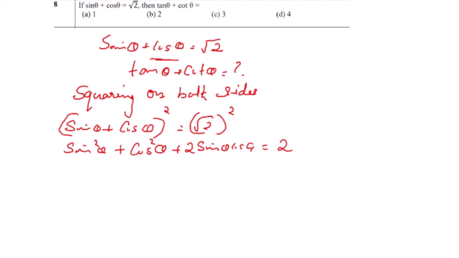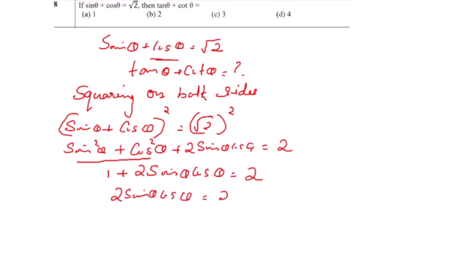Then we can use the identity sin square theta plus cos square theta is 1. So 1 plus 2 sin theta cos theta is equal to 2. So 2 sin theta cos theta is equal to 2 minus 1, bringing the 1 to the right hand side.